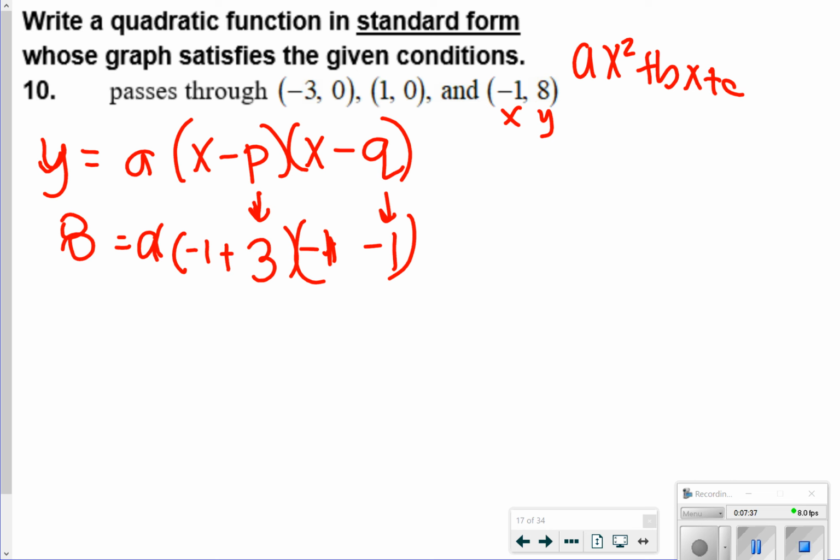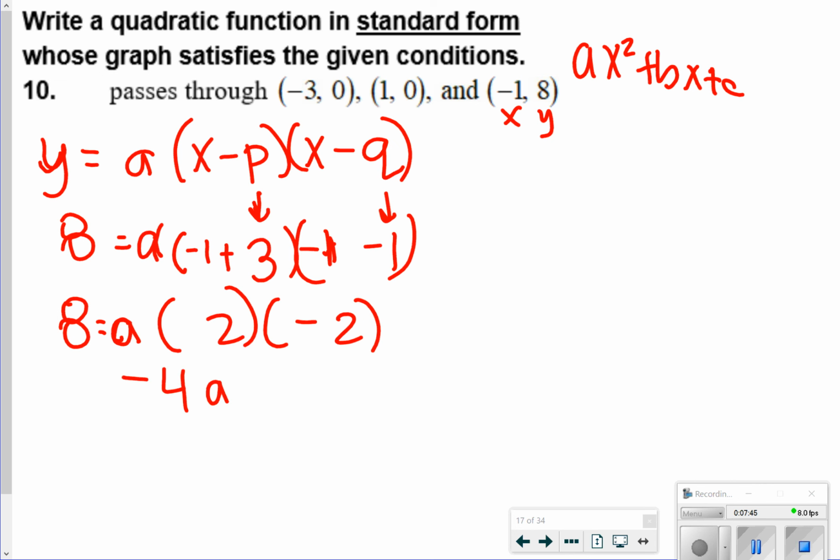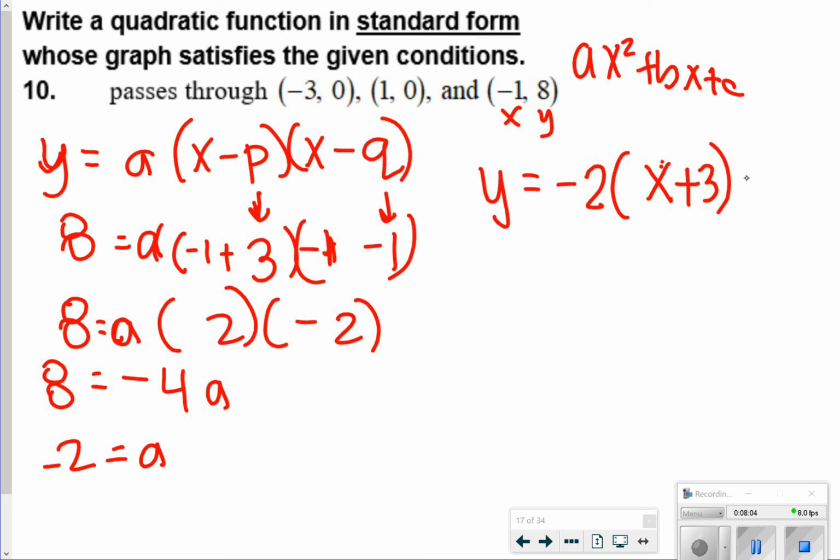Okay, so we're going to go ahead and solve. So 8 is equal to a times 2 times negative 2. That's negative 4a is equal to 8. So a is equal to negative 2. So we can now go ahead and plug that into our original equation back up here. Y is equal to negative 2 parentheses x plus 3 times x minus 1.